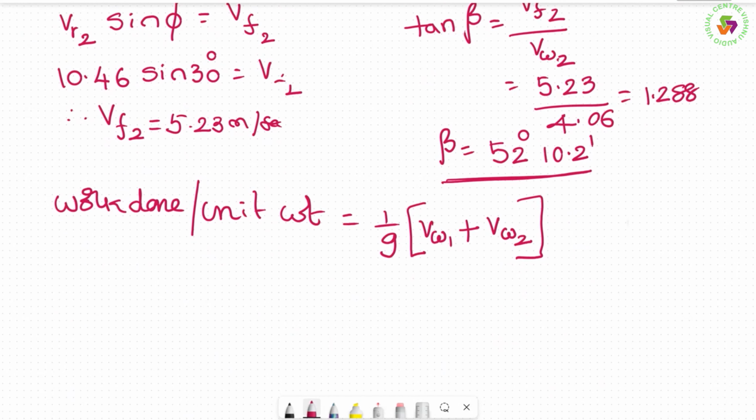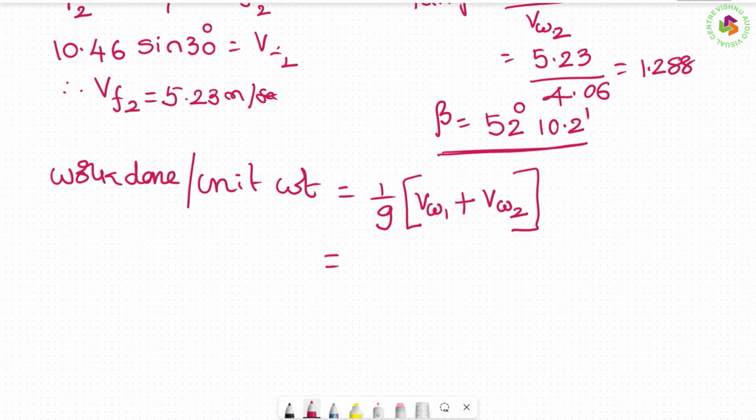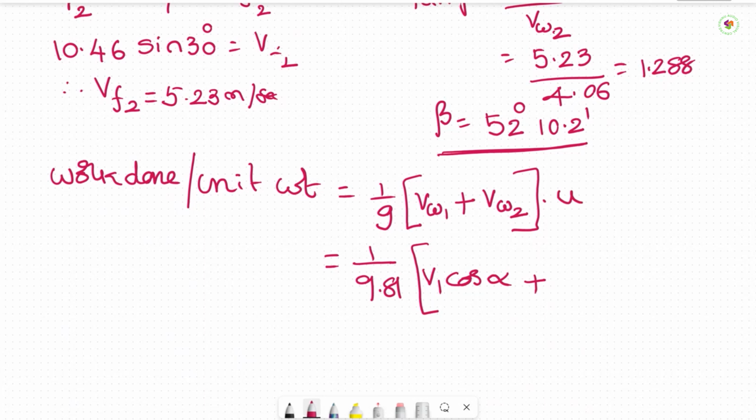So now it is 1 by 9.81 into, what is VW1? Again, go to the inlet velocity triangle. It is V1 cos alpha, which I have not calculated yet, no issues. Plus VW2, which I have calculated, into U. VW2 is 4.06, into 5.